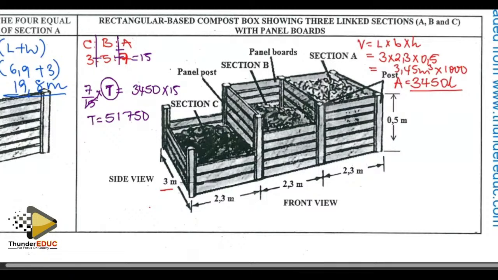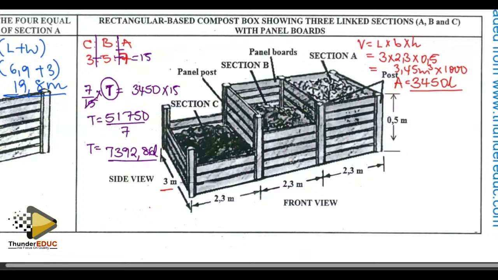So I divide through by 7 to get the value of T. So the total decomposite here is 7,392.86 liters.